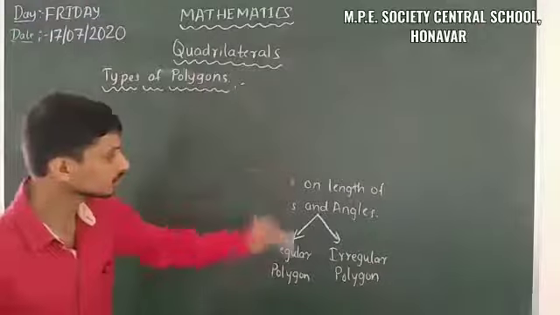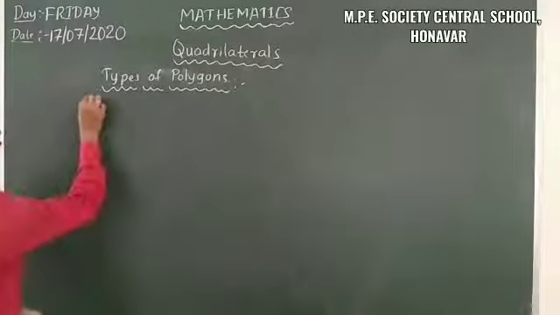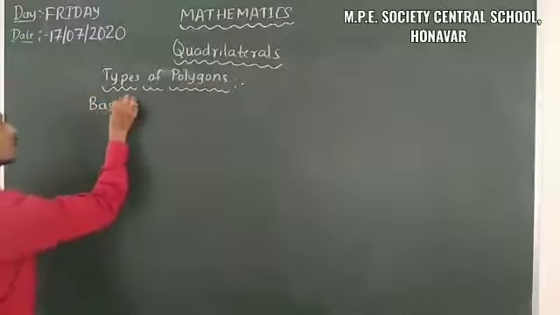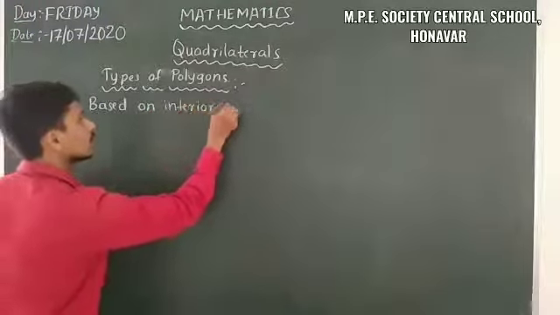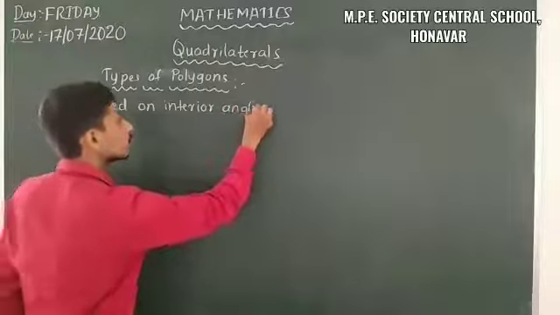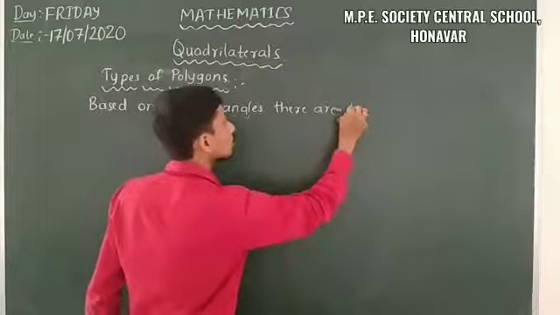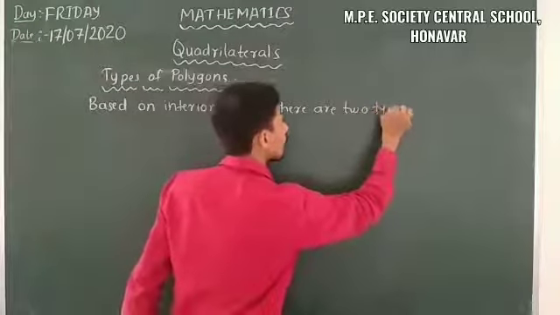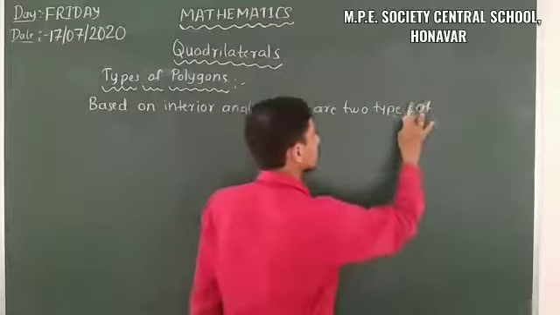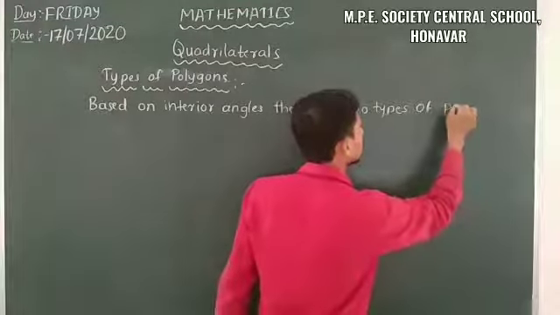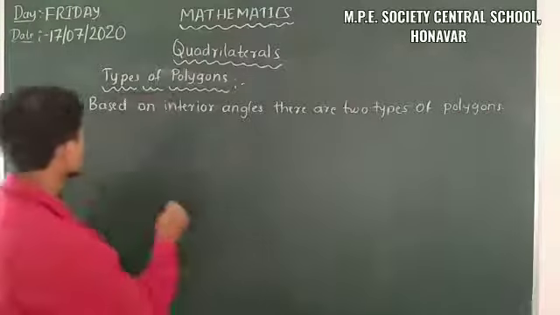Based on interior angles there are two types of polygons. Firstly, the convex polygon.